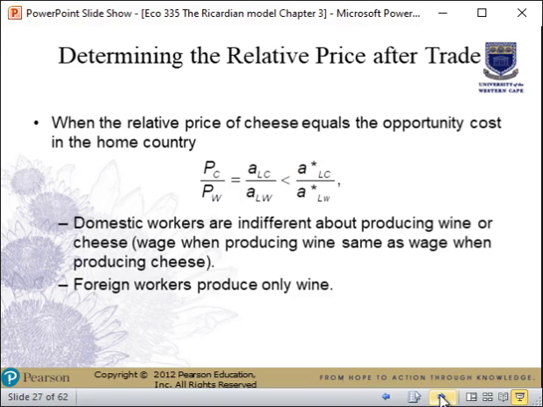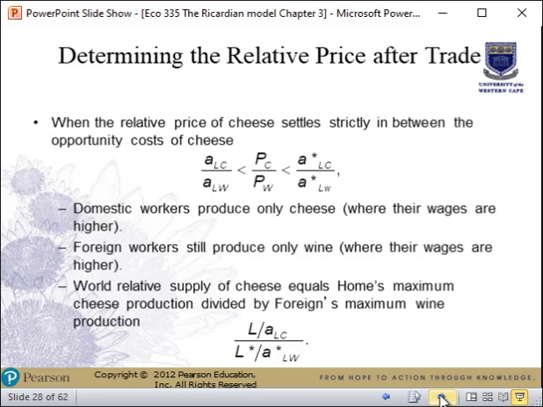Third scenario: if the relative price of cheese is in between the opportunity cost of cheese in both countries, then the workers in the home country will specialize in the production of cheese, whilst those in the foreign country will specialize in wine production. They do so because they are earning higher wages in the industry in which they specialize.